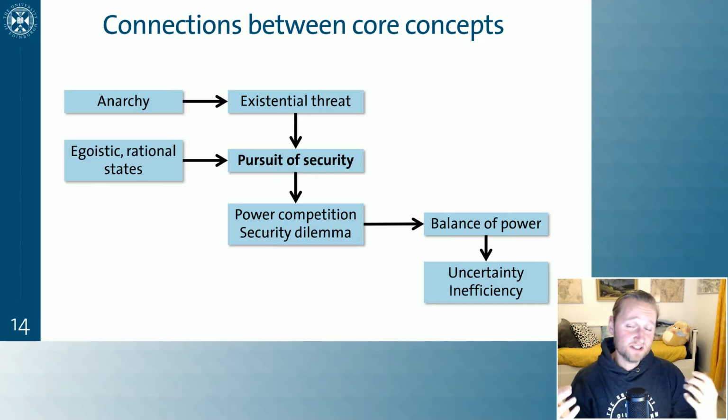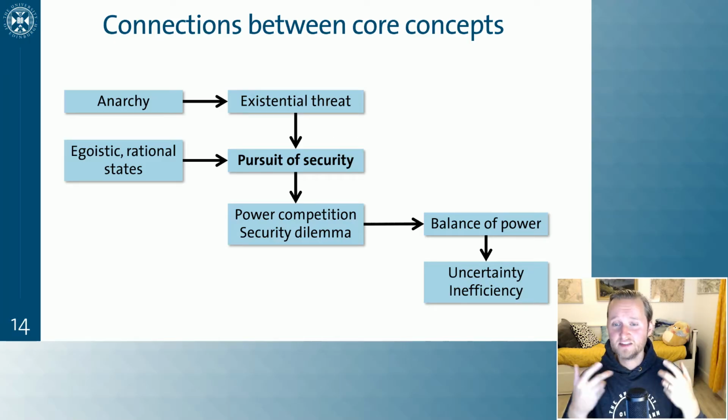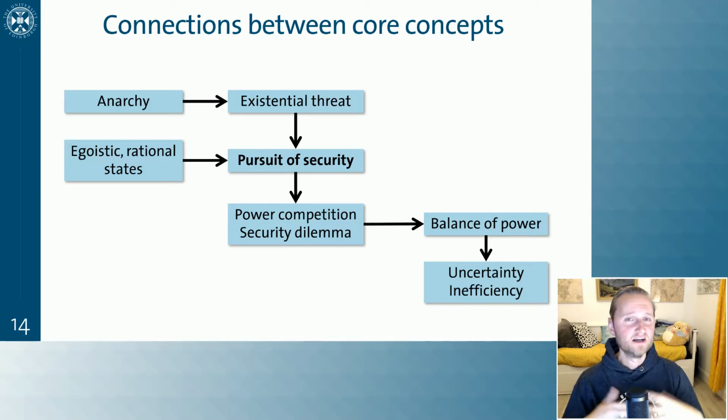Because everyone is trying to do that, what really happens is that everyone is trying to amass power. We are all competing for power. Everyone wants to have the biggest army, the most land, the strongest economy, and so on. And this leads to security dilemmas where we would all like to be safer, but because we can't trust anyone, we end up being just as unsafe as we were before we started.